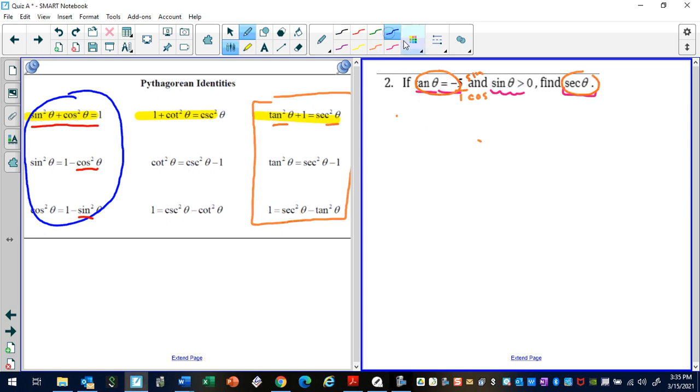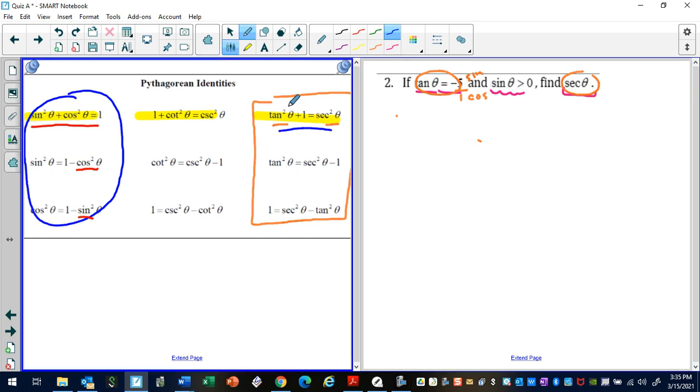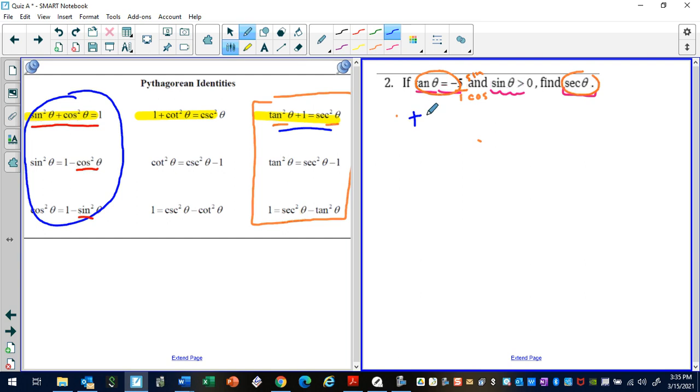To use the Pythagorean identity, you can use, again, any of these 3 in the orange box. I'm going to choose the top one because it's all positive things. It just makes life easier. And then I'm going to plug in the -5, that's what tangent is. It goes right in there.